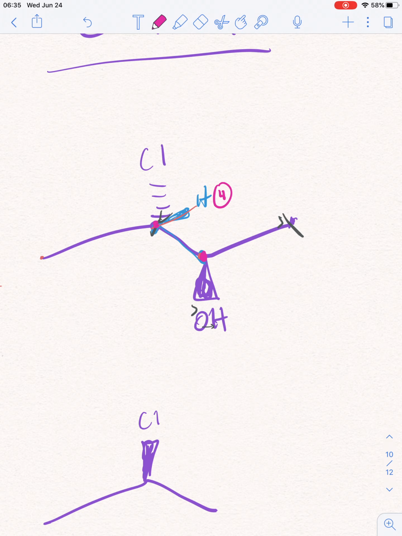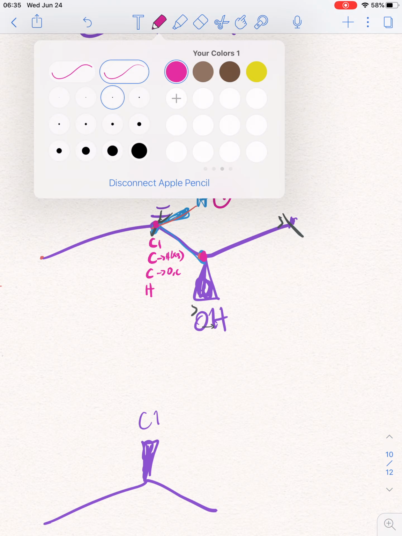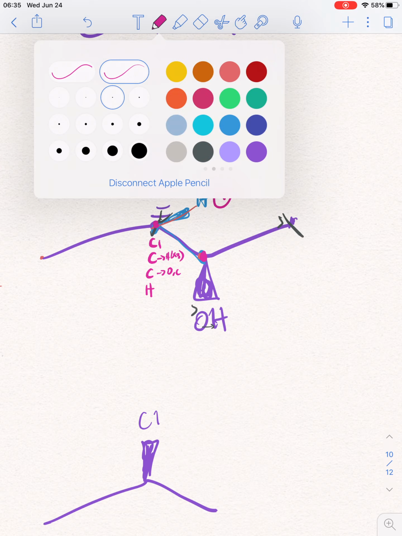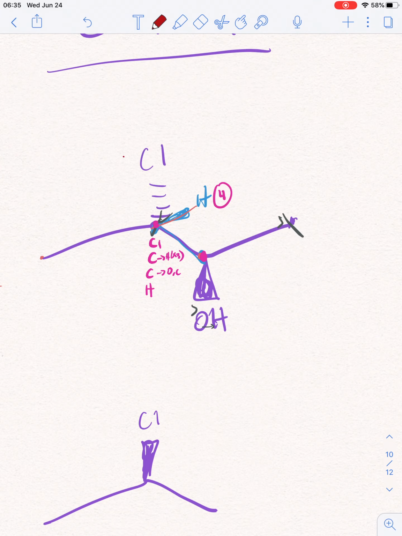So direct connections, right? We have a chlorine, a C, and an H. And one of those C's has 3 hydrogens, and one of those C's has an O and a C, right? Off the bat, as far as direct connection is concerned, chlorine is number 1.